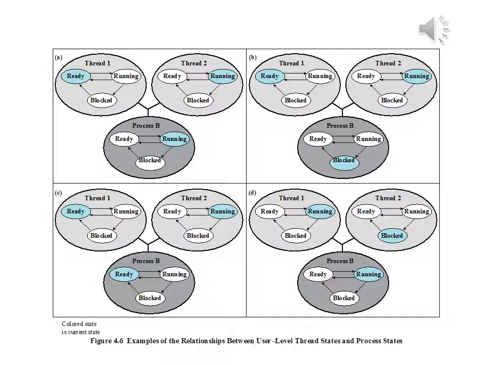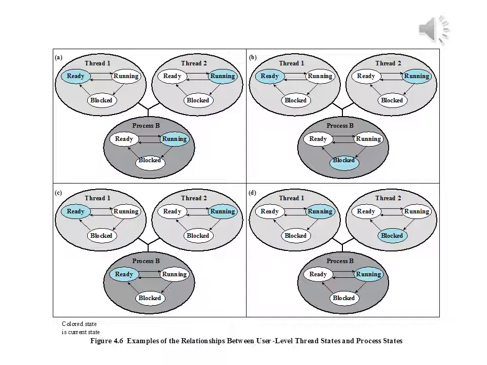A clock interrupt passes control to the kernel, and the kernel determines that the currently running process B has exhausted its time slice. The kernel places process B in the ready state and switches to another process. Meanwhile, according to the data structure maintained in the threads library, thread 2 of process B is still in the running state.